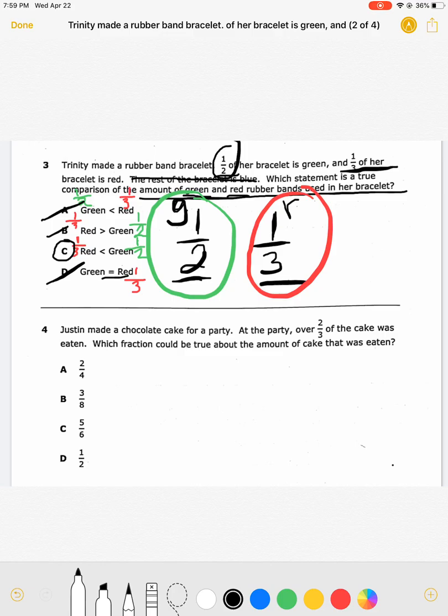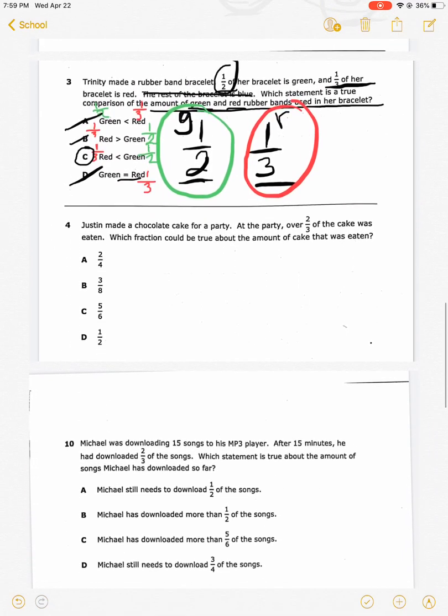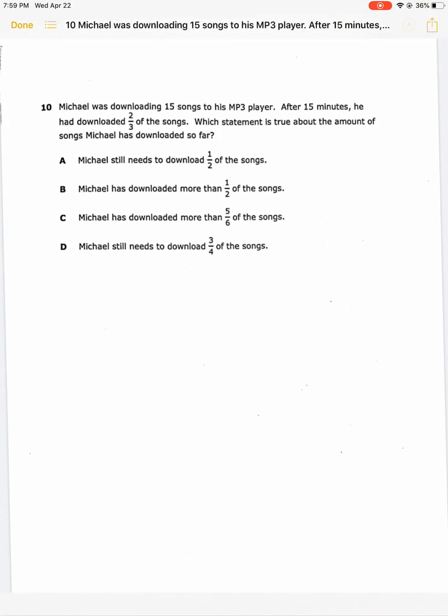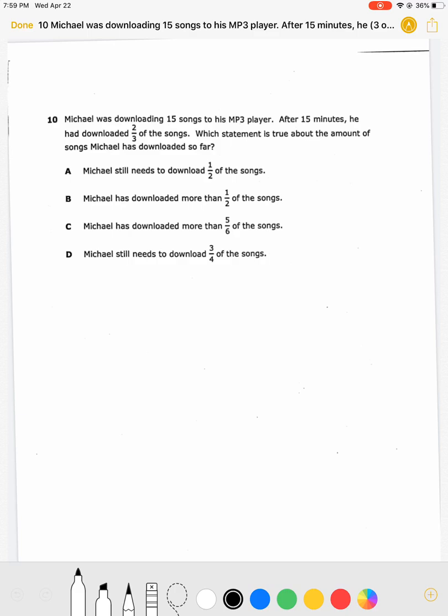Okay. Let's look at number 10. Michael was downloading 15 songs to his MP3 player. After 15 minutes, he had downloaded 2/3 of the songs. Which statement is true about the amount of songs Michael has downloaded so far?